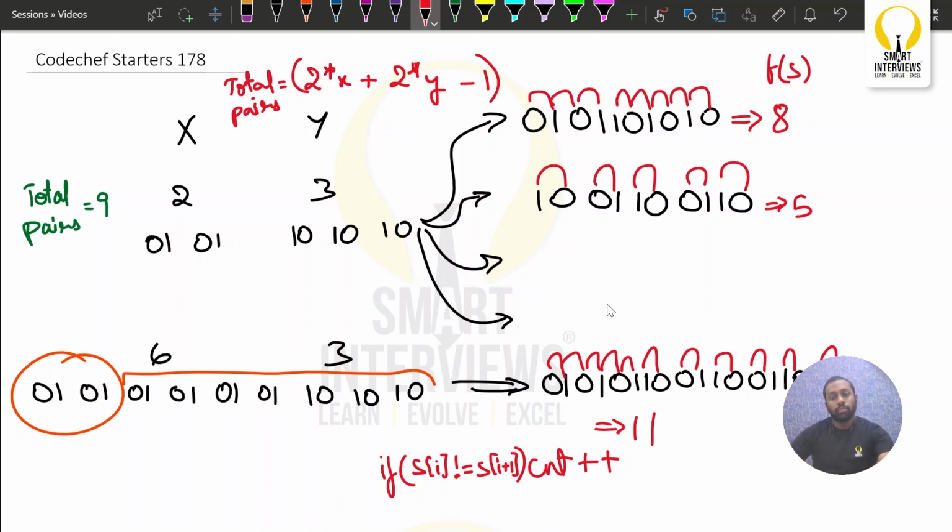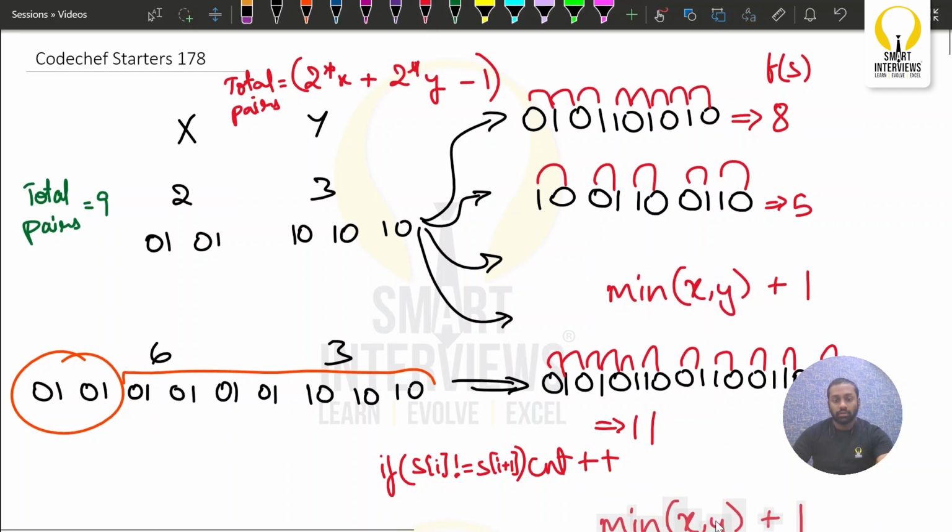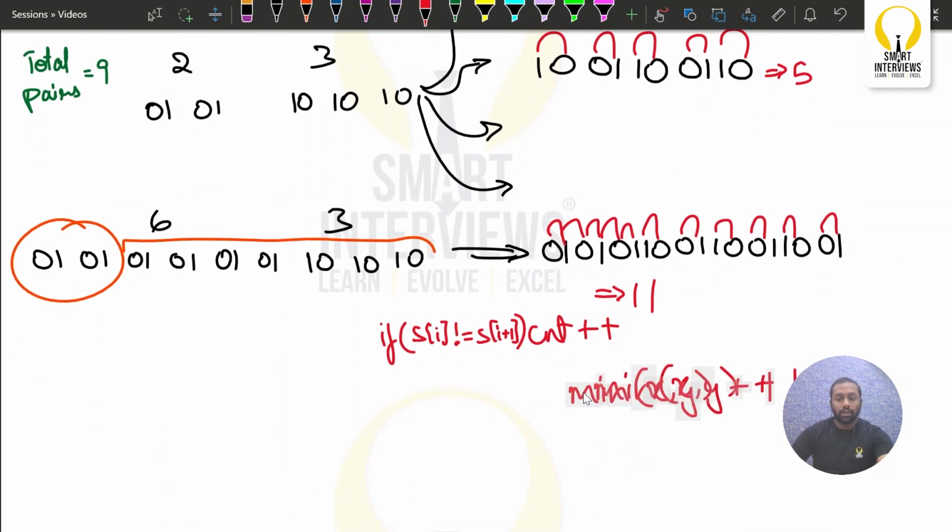How many can you form? You can form minimum of x comma y plus 1 alternating pairs. And apart from this, whatever are these surplus pairs, we are going to leave them. So this will be our alternating count.